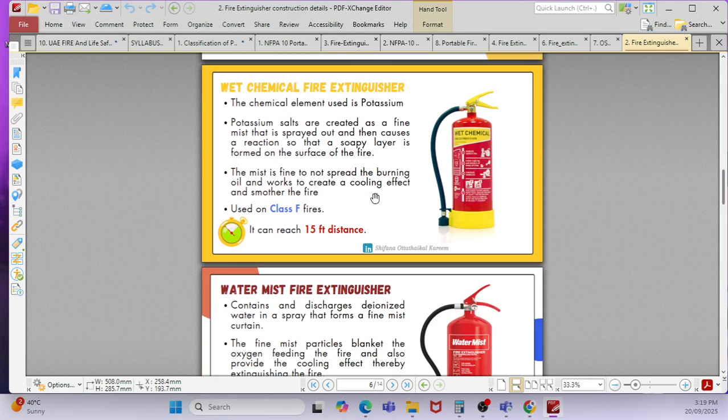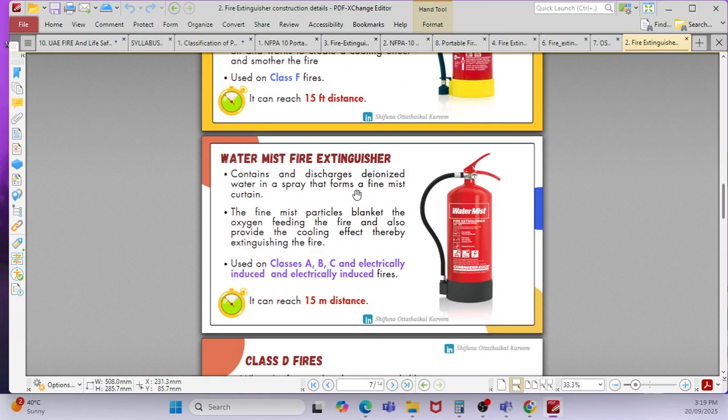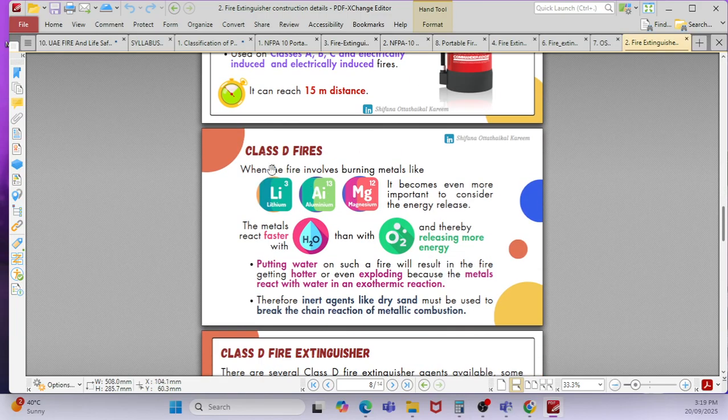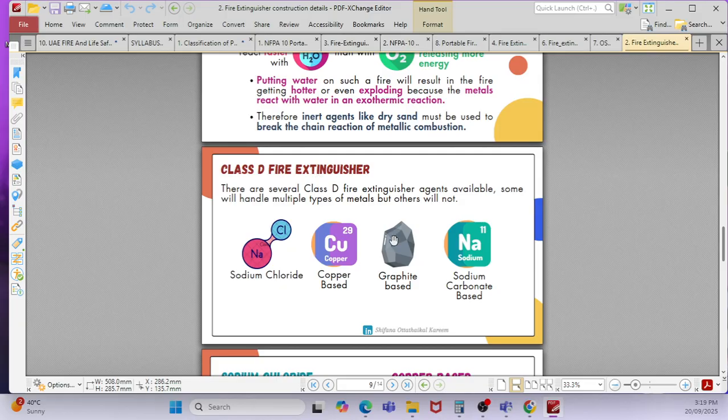So wet chemical fire extinguishers, water mist fire extinguishers, class D fire extinguisher. Class D is nothing but lithium, aluminum, magnesium. Class D fire extinguisher, how does it react? You have sodium chloride, copper based, graphite based.